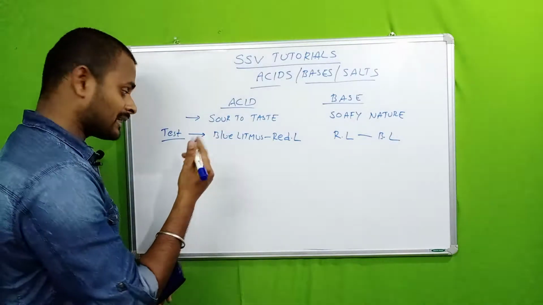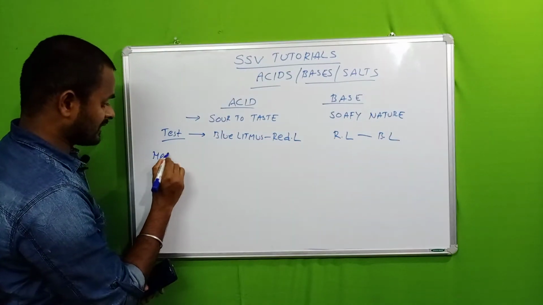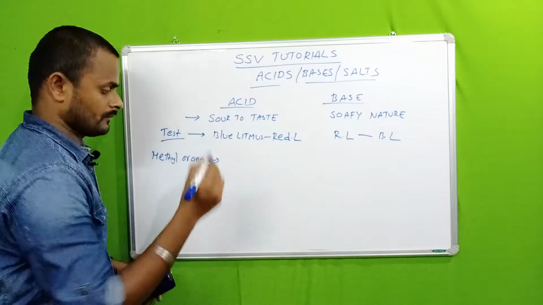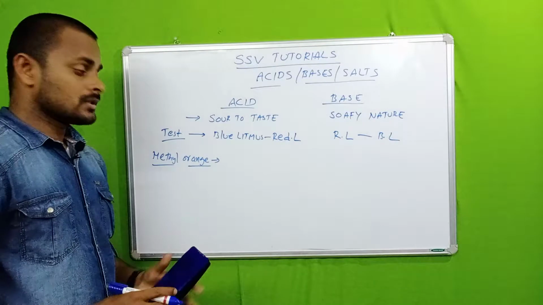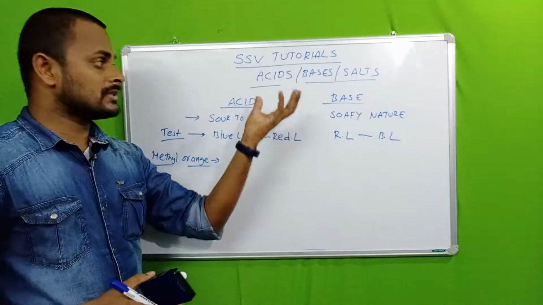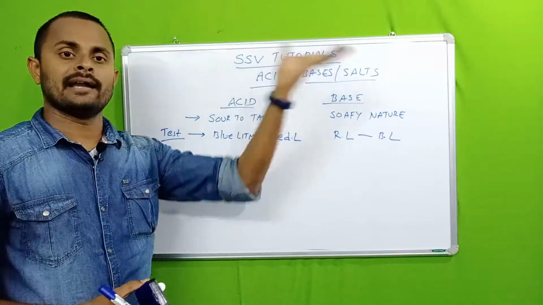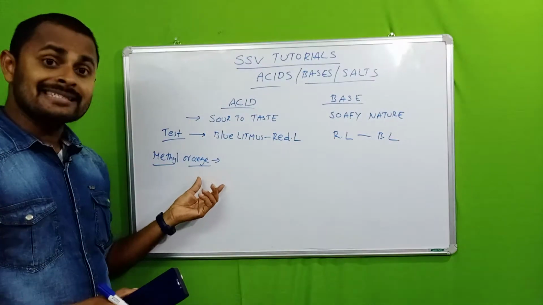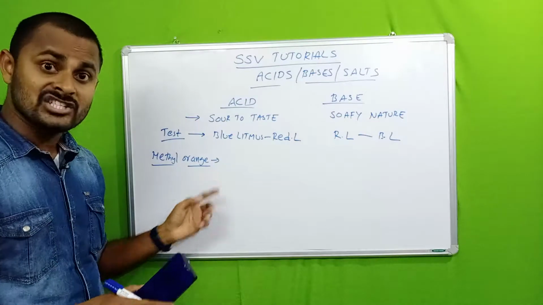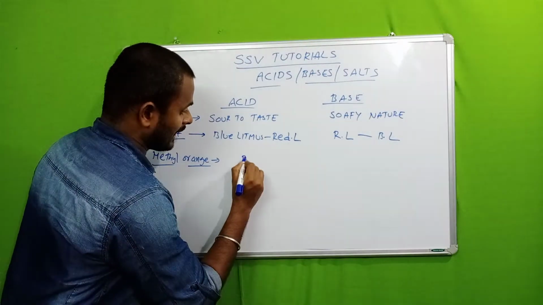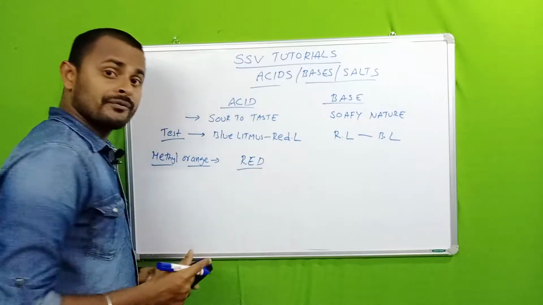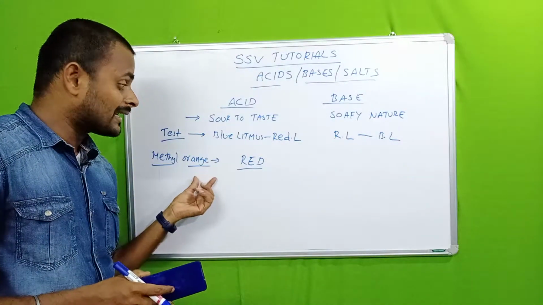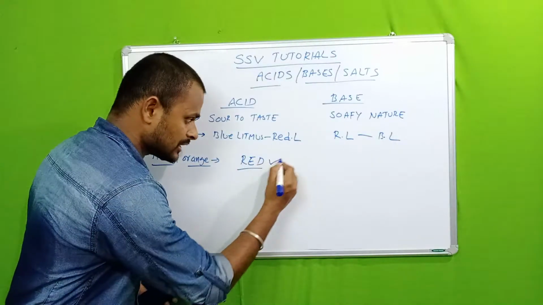Next, another test with methyl orange. Methyl orange is an indicator which is used in the test of acids and bases. Acids convert the methyl orange color to red. If you take methyl orange and pour in some acid, the indicator color changes into red.